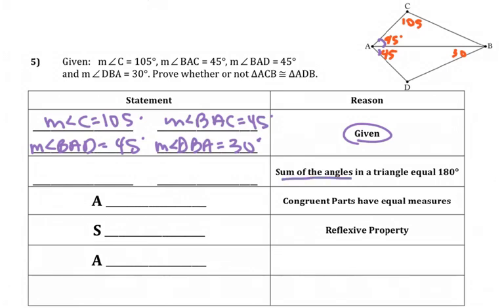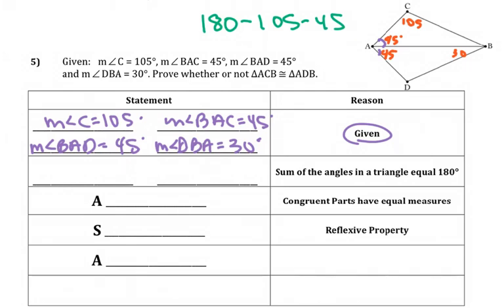All right, now the next thing, it says blank and blank. It says the sum of the angles in a triangle equal 180. So how would knowing the sum of the angles equals 180 help me in this problem? Look at this triangle right here. I could find that angle right there, and I could find this angle right there using the fact that the angles add up to be 180. So get your calculator, and you can say 180 minus 105 minus 45.